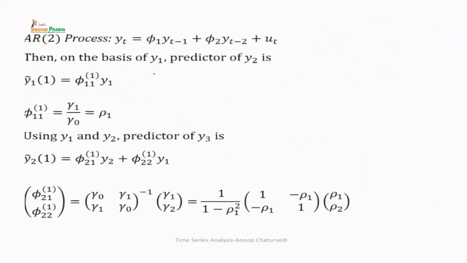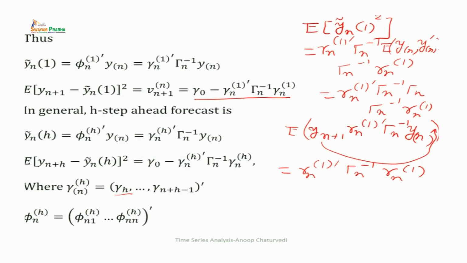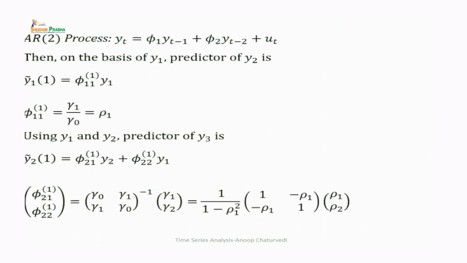So, for the AR1 process, for n equal to 1 you get gamma 1 here, and instead of gamma n inverse you get gamma naught, and this is equal to rho 1.